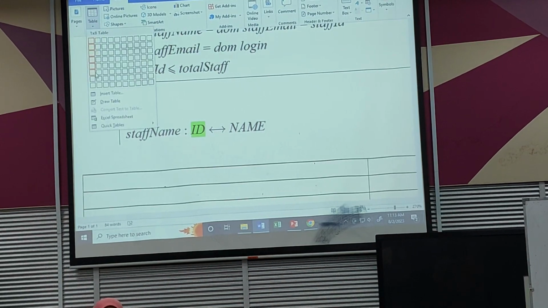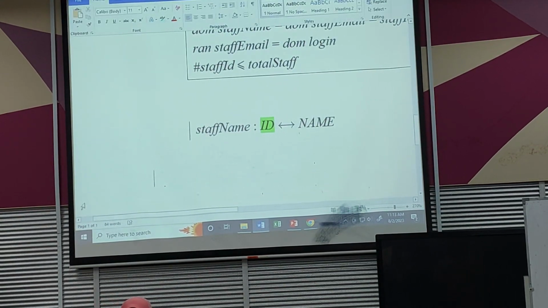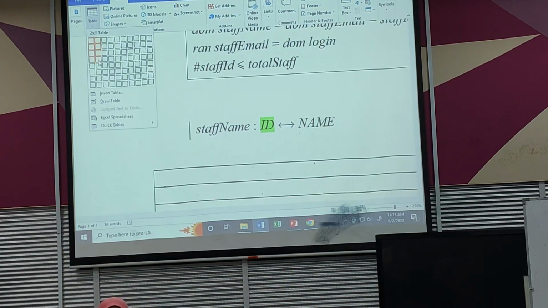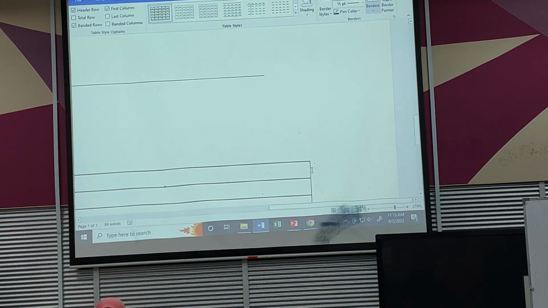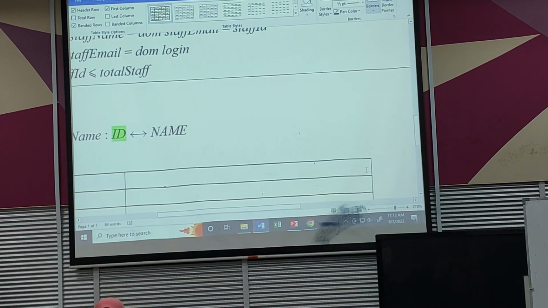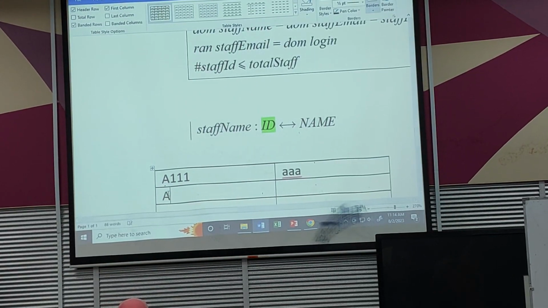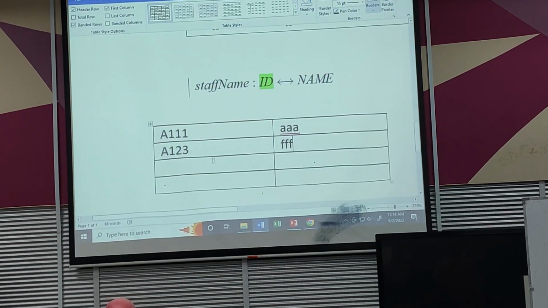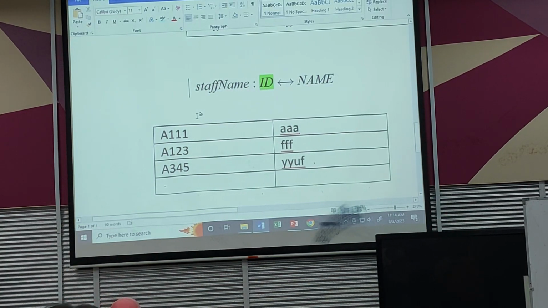Actually, in my database, let's say I have ID and name, for example. This is the ID. This is the name.